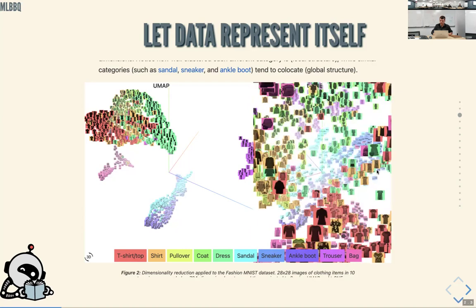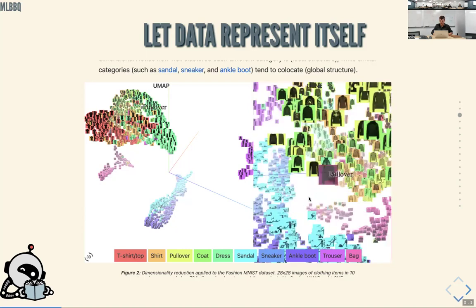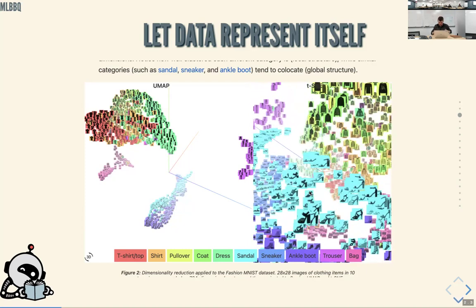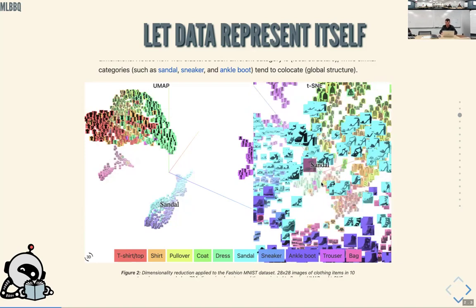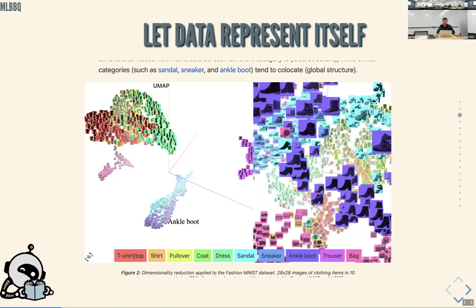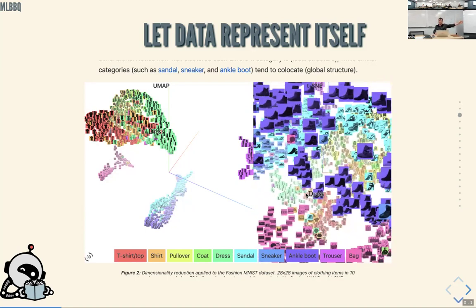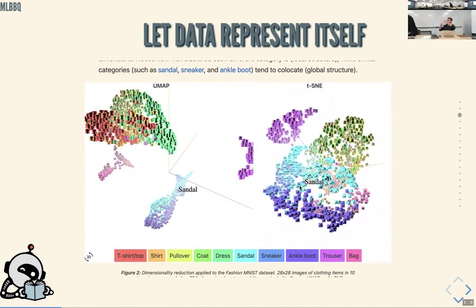Similar kind of dresses, similar kind of t-shirts, similar kind of, I don't even know, and the shoes. Yeah, you just said it. The shoes are together. They are not together because some magical entity represented them like that. The data is already like that.